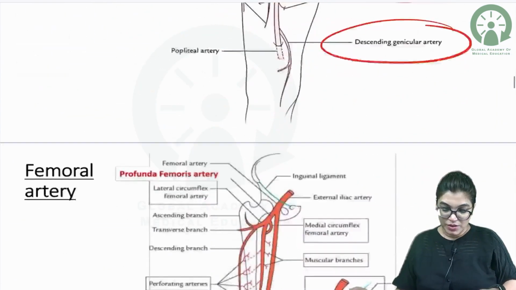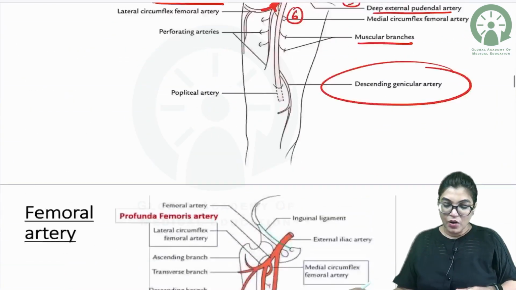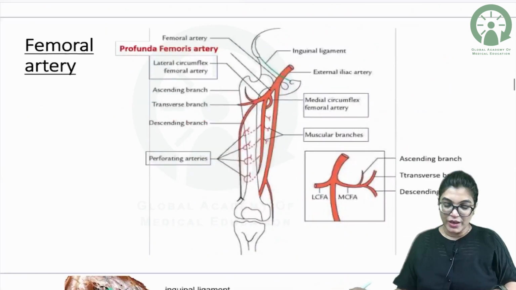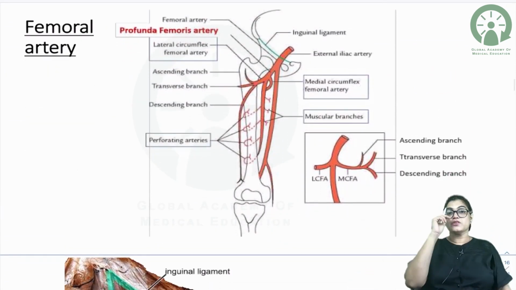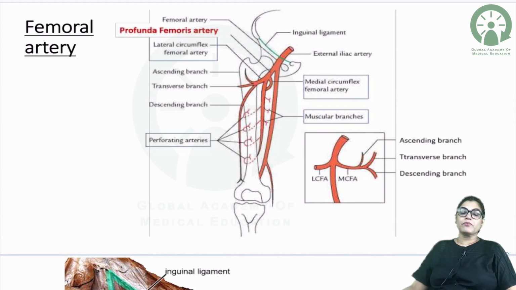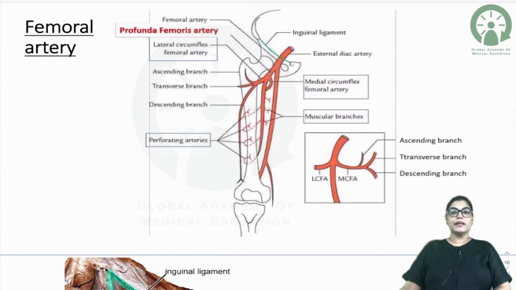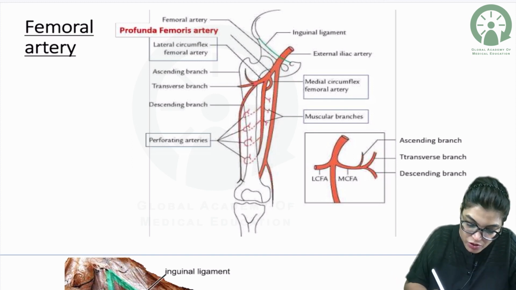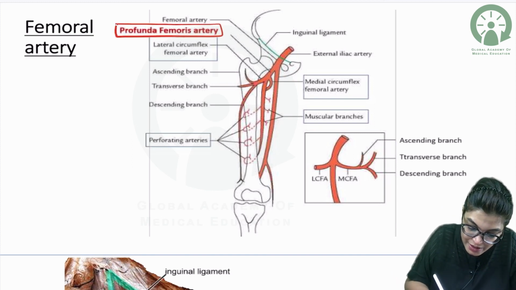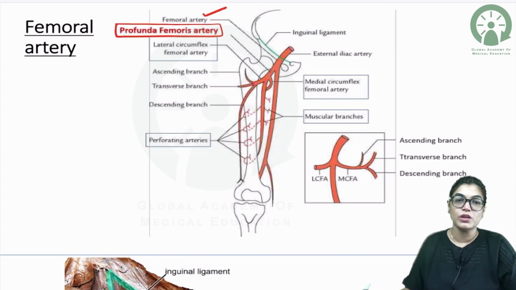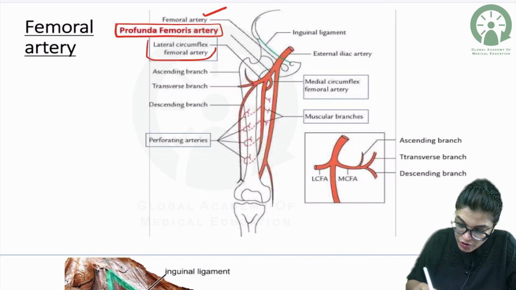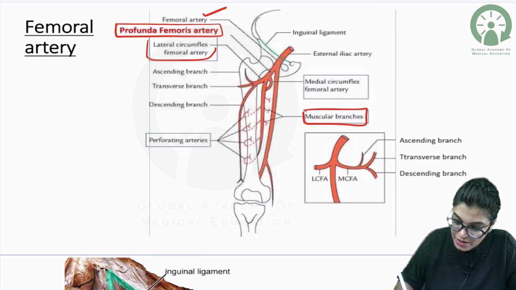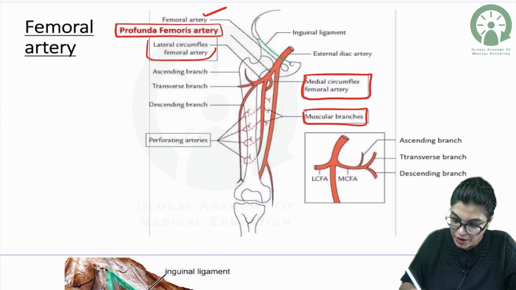So my dear aspirants, let's see this. Now I just want to show you one more image where profunda femoris artery is a very important branch. It's the largest branch of femoral artery, and it again gives very important branches: lateral circumflex femoral, muscular branches, medial circumflex femoral, and perforating branches.